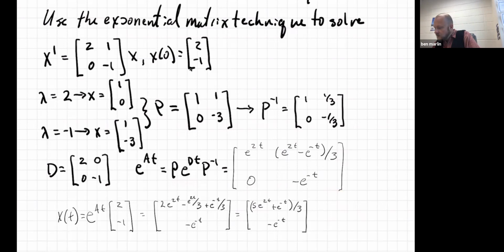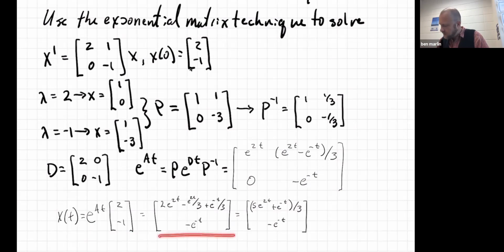Once you've got that, you can come back over here and get your solution by saying, I want to take e to the At and multiply it by my initial condition, 2, -1. That's exactly like what you did for one-dimensional problems, not systems. The only difference is you have to keep straight which order to multiply things in, okay?